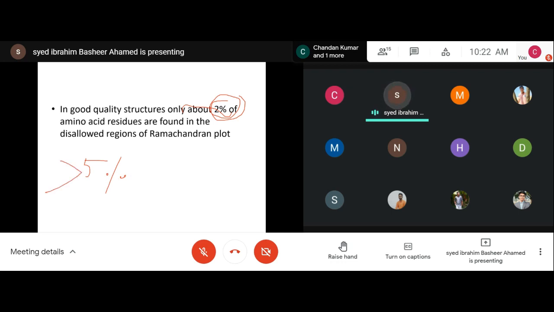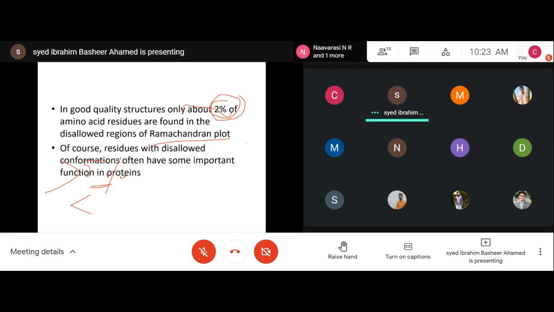But more than 5%, then there is a serious problem in your model. Then you have to remodel your structure, validate again with the Ramachandran plot, and bring the value to less than 5%. Only then can you say that your model is correct.